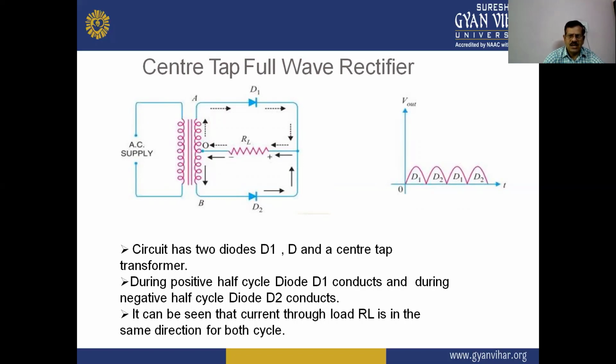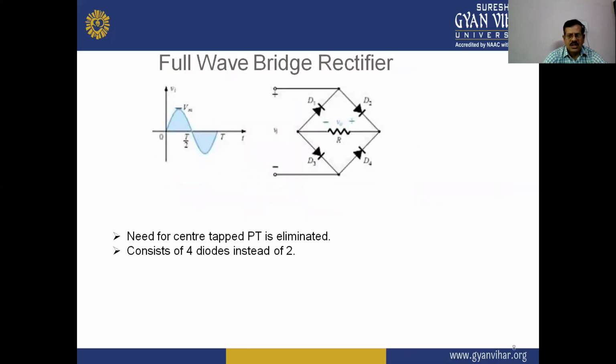During the positive half cycle diode D1 conducts, and during the negative half cycle diode D2 conducts. So it can be seen that the current through load RL is in the same direction for both cycles, because two diodes conduct. One is for the positive half cycle, and the next one conducts during the negative half cycle.